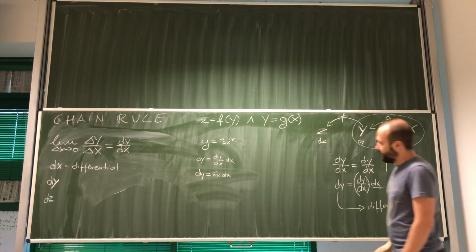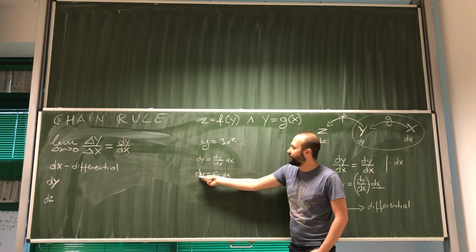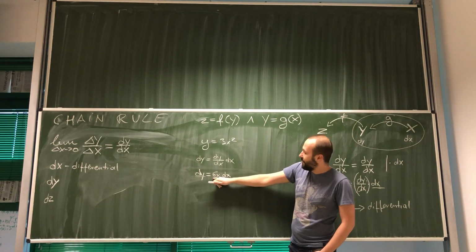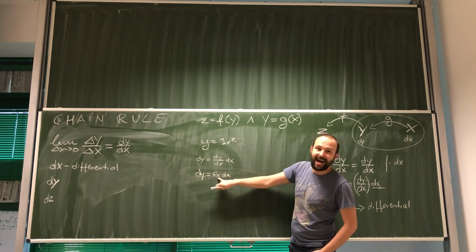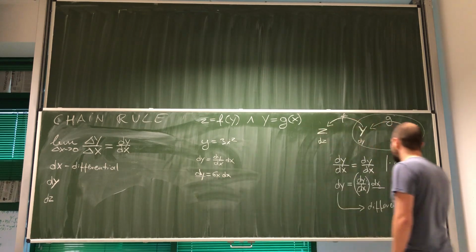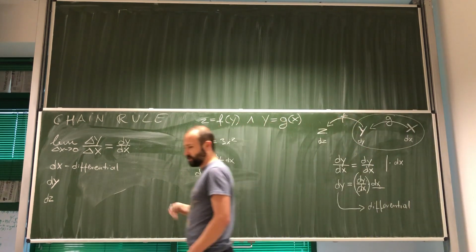So as you see over here, the value of the differential, so the changing y, depends on whether x is positive or negative, and what the actual value of x is. Okay, but I hope at this moment you get the gist of what differentials are.